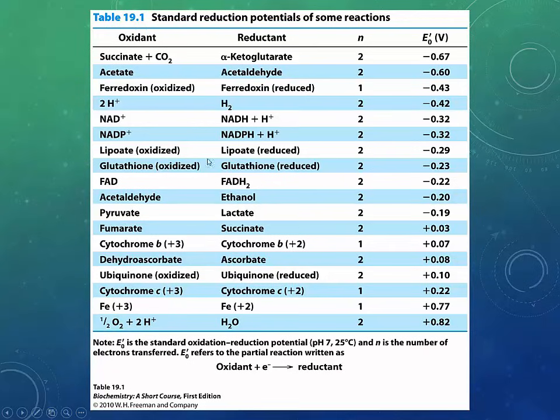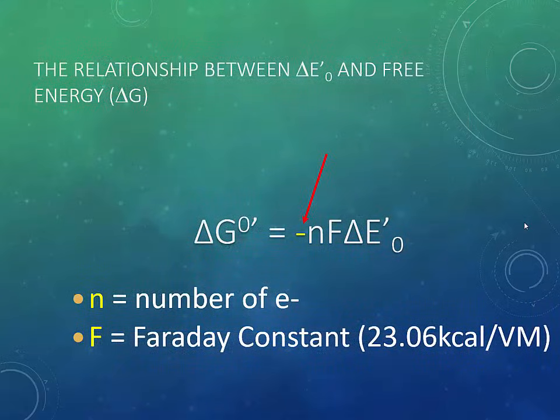And so we can see that all of the reactions are written in the same direction. Oxidant plus electrons yields reductant, and the idea here, when we see a redox pair, is to determine which one is going to be the reductant and which one is going to be the oxidant, because we need that information to solve this equation.